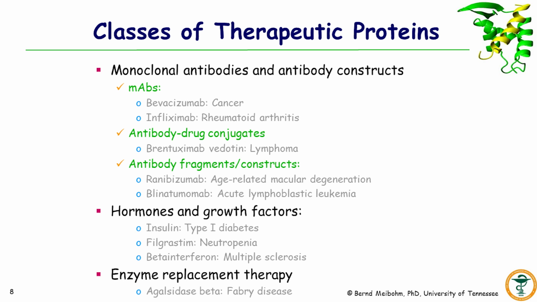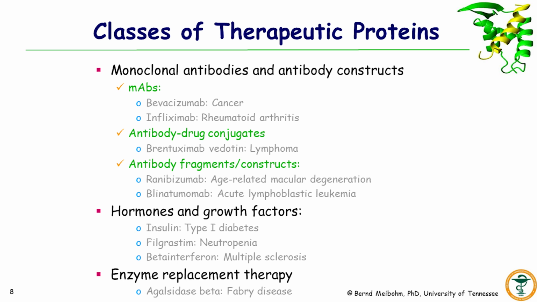One example is brentuximab vedotin, used in lymphoma. So this molecule is obviously then produced not only by a production process that is in a living organism, but is then subsequently chemically modified through the conjugation process with a small molecule drug.